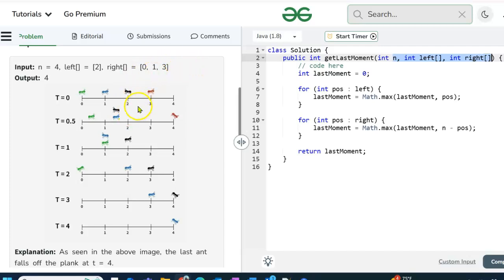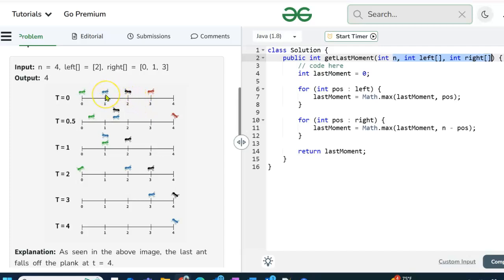Let's make this observation. This ant at 2, in 2 seconds, without any other ants in the way, is going to be at position 0, moving left.